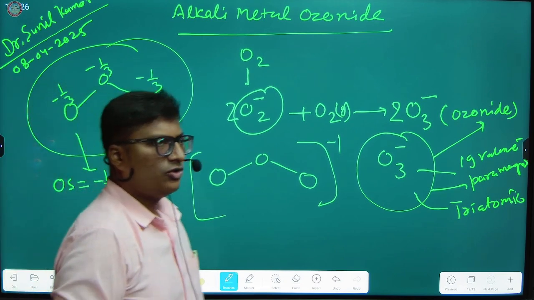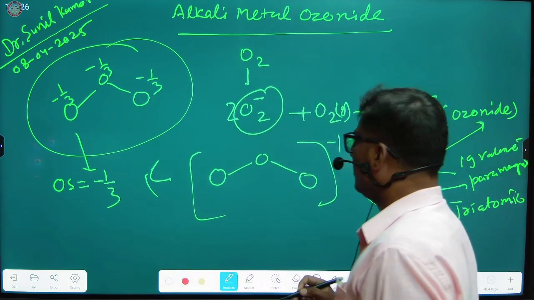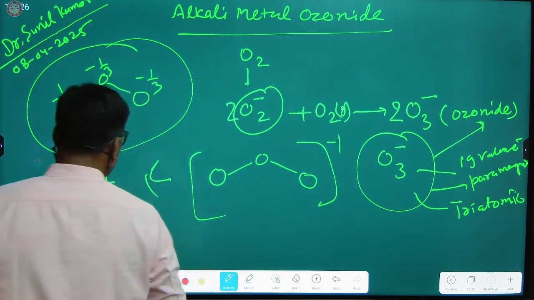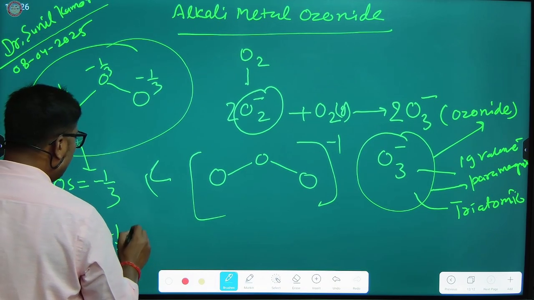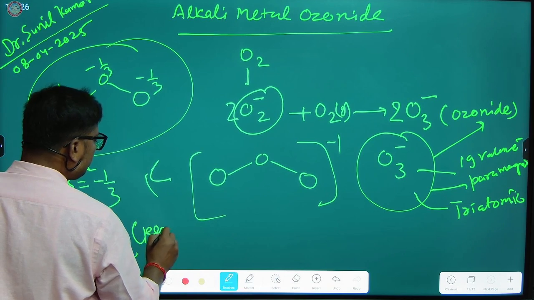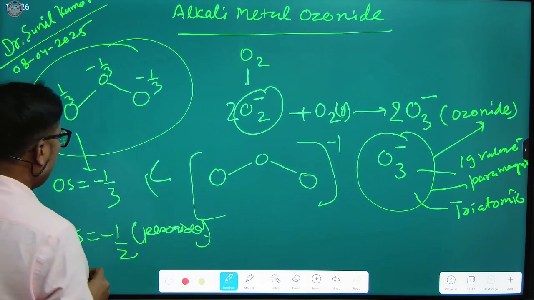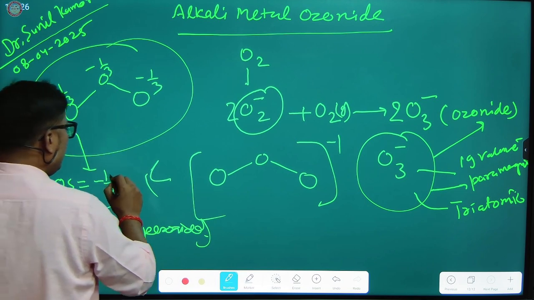So the oxidation state of -1 by 3 is low compared to peroxides. It means the oxidation state is -1/2 in the case of peroxide, and -1 by 3 in the case of ozonide.